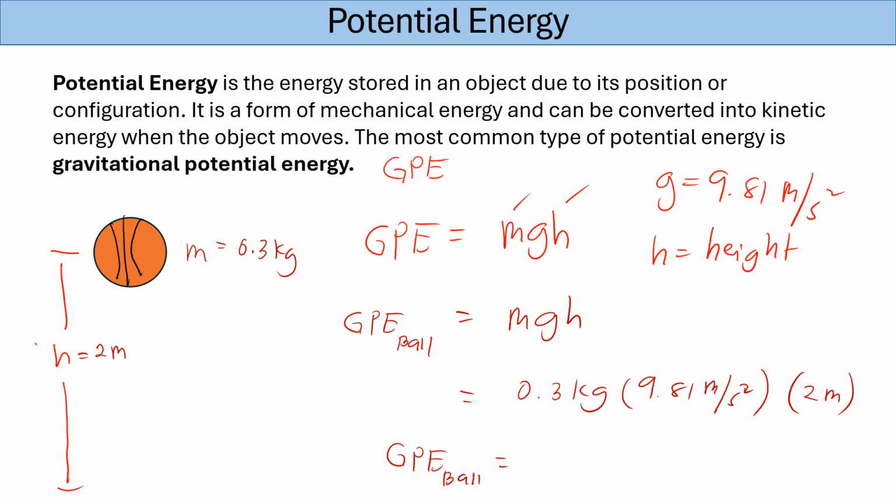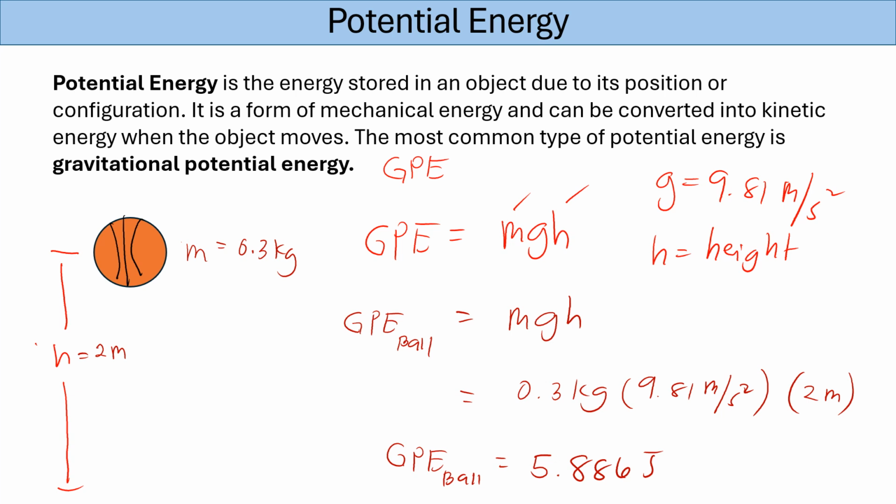So this is 5.896. Okay, let me check. That is 0.3 times 9.81 times 2. Okay, 5.886. So this is 5.886 joules. Okay, so let's follow two significant figures.